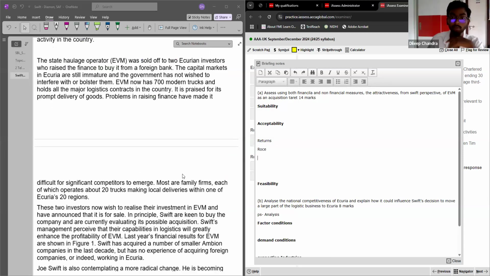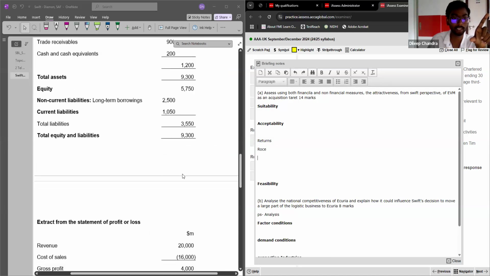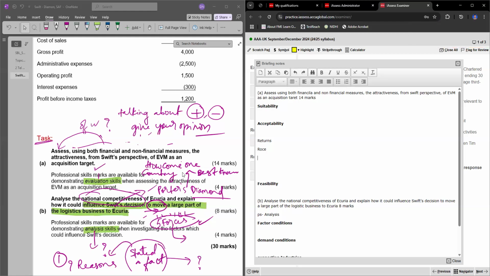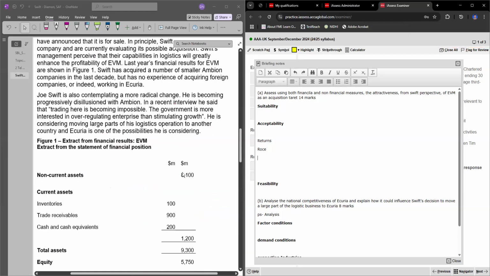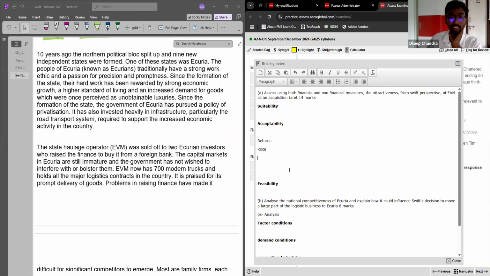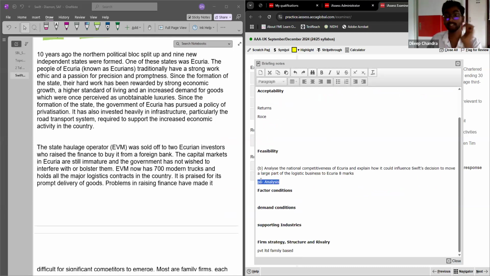No. We should not talk about why current ratio has increased or why this has increased. We should not do that here. Why? Because here only evaluation is being tested. We are not bothered about why a certain ratio has increased or decreased. Why? Because professional skill, that is, this analysis is being tested in the second question.